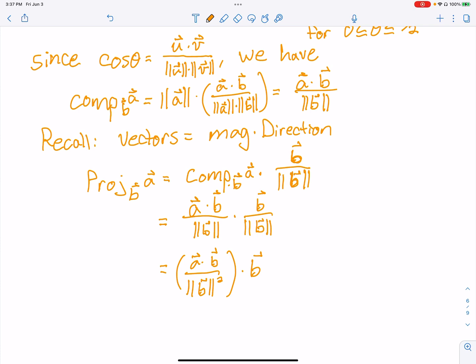Now, there's a couple things I want to point out because these are extremely difficult to remember which one's which, because I could flip A and B and we'll figure it out. It's different. And the next example shows us that they're different. But how can I remember this? This is A onto B. So this makes sense. If we're going onto B, it makes sense that A would only show up one time.